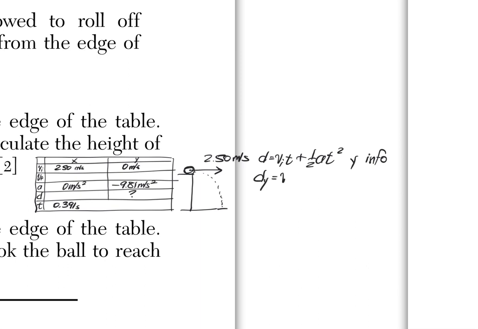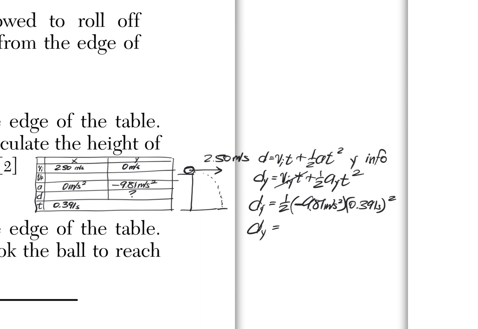So y displacement is initial y velocity times the time plus 1/2 times the y acceleration times the time squared. There is no initial y velocity. It's a horizontal projectile. So I just have 1/2 times negative 9.81 meters per second squared times the time in the air squared. Don't forget to square it. Most common careless mistake is forgetting to square or square root. And 0.391 squared. Make sure I entered that correctly.